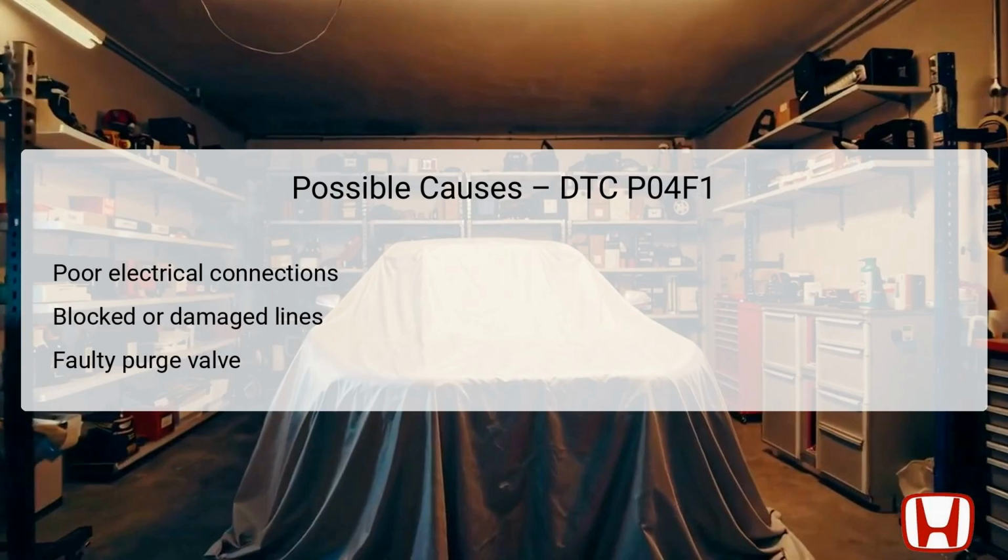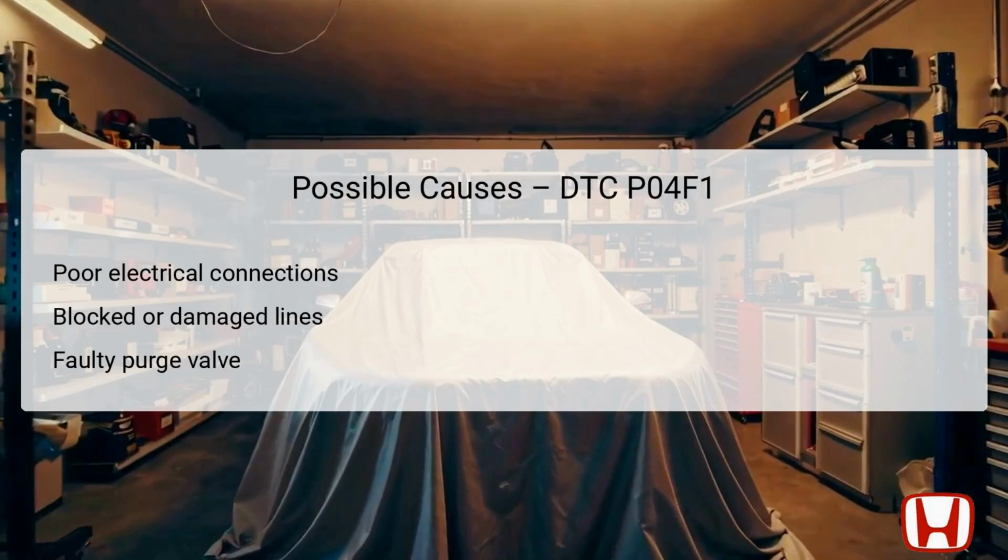Second, the EVAP canister purge line can be blocked or damaged, often due to contaminants or physical wear, which can restrict vapor flow. Third, a malfunctioning purge valve may not open or close correctly, inhibiting or allowing inappropriate flow of vapors. The presence of any of these issues can adversely affect the performance of the EVAP system, triggering the low purge flow detection.